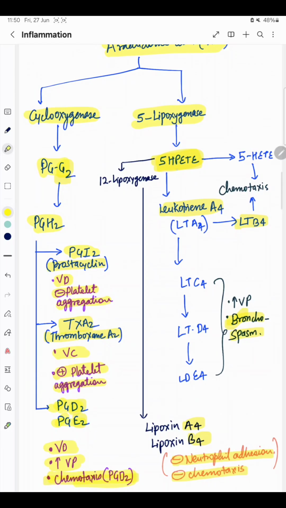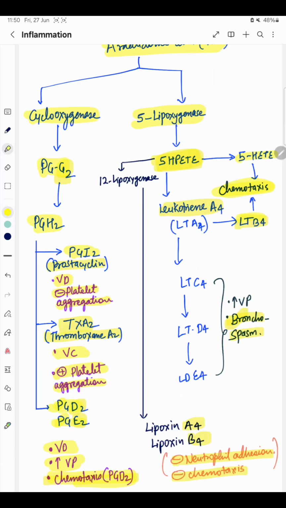So this 5-HPETE is converted into 5-HETE, which is a chemotactic agent, and 5-HPETE is also converted into leukotriene A4, which is further converted into leukotriene B4, which also acts as a chemotactic agent.